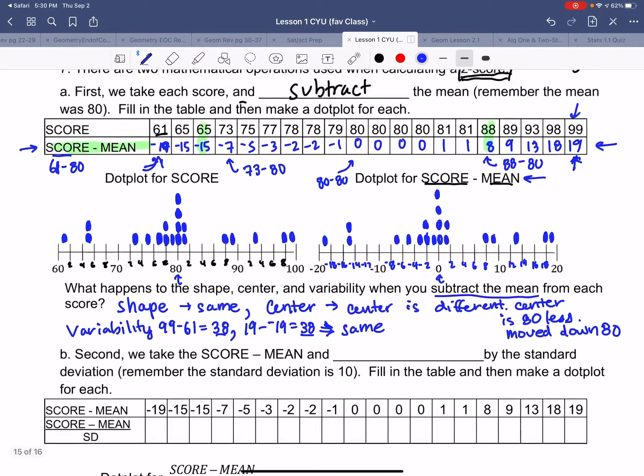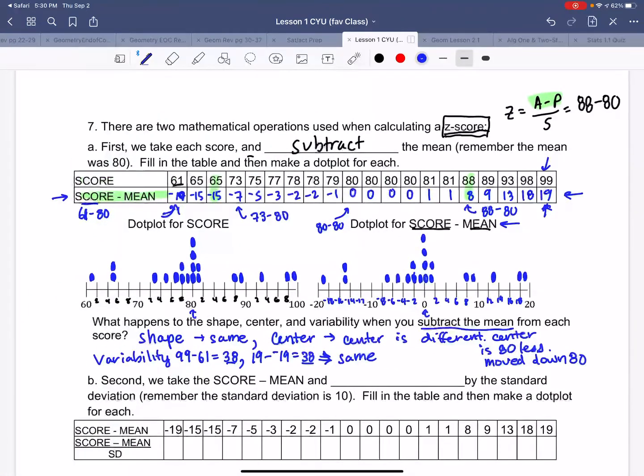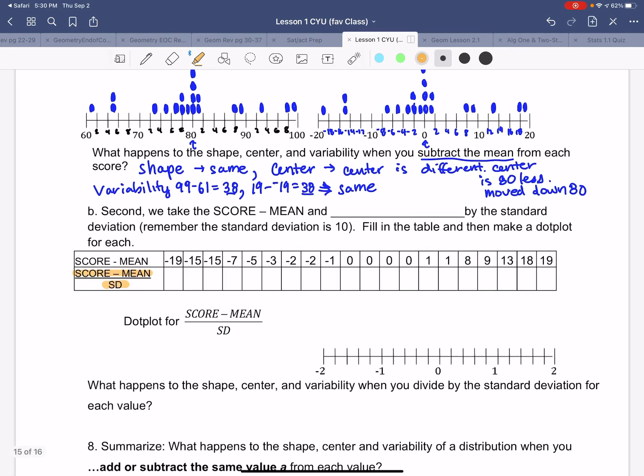Second, when I did this formula in AP Statistics, I subtracted and then I divided by the standard deviation. So we want to look at what happens when we then divide by the standard deviation. What does that do to the shape, center, and variability of the data? So second, we take the score minus the mean, and we are going to divide.